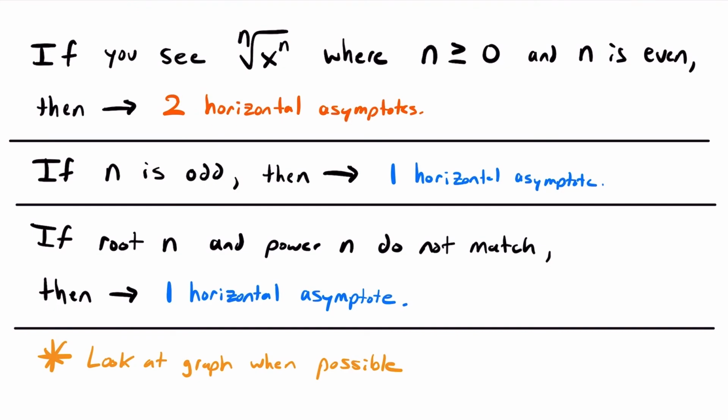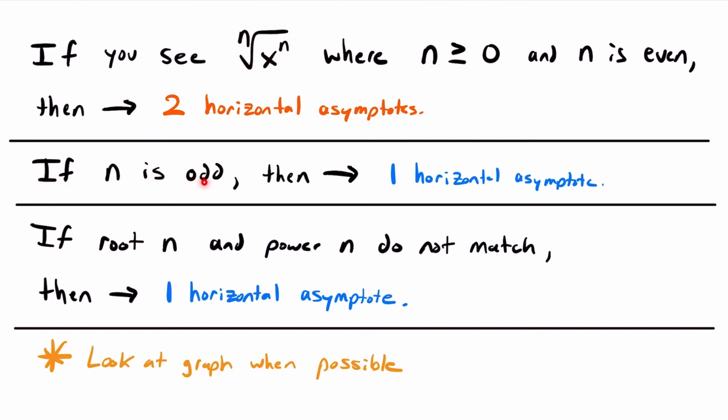And so if you're looking at the limit as x approaches negative infinity, you need to remember to multiply by -1 for that limit. Remember, the nth root needs to be the same as the power of that function, right? So this can't be 3 and this can't be 2. These need to be the same in order for this to hold true. You have to have the square root of x squared, or the fourth root of x to the fourth power, or the sixth root of x to the sixth power, and so on.